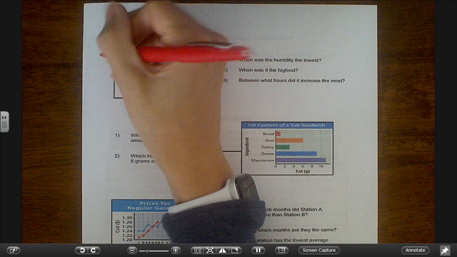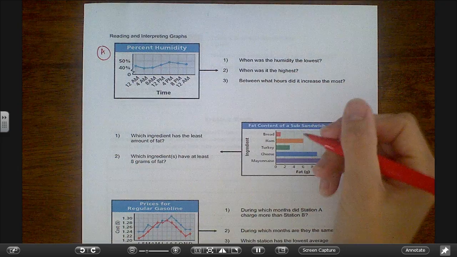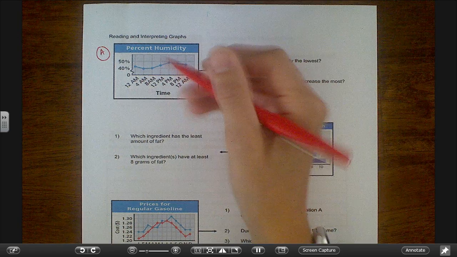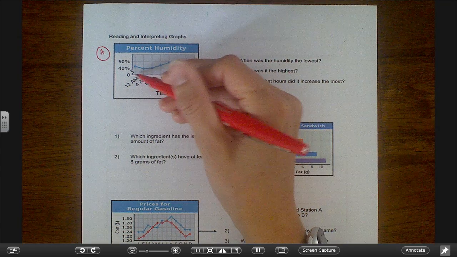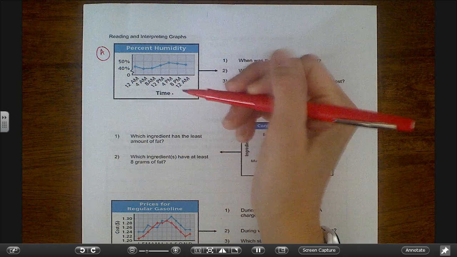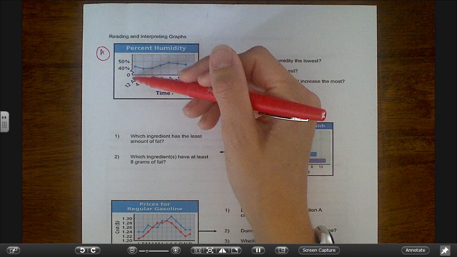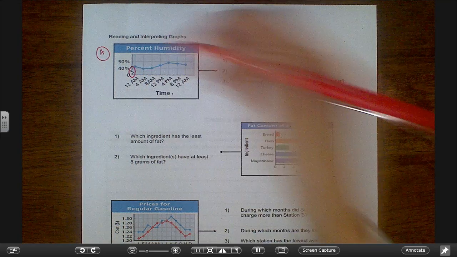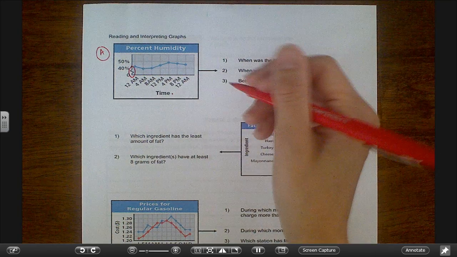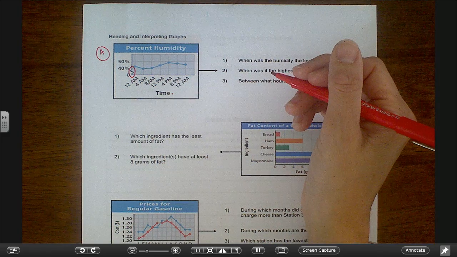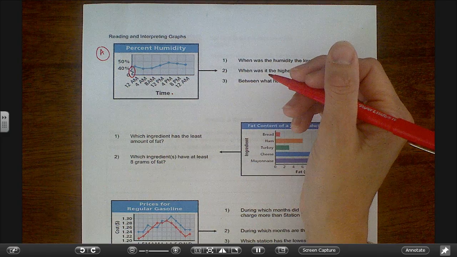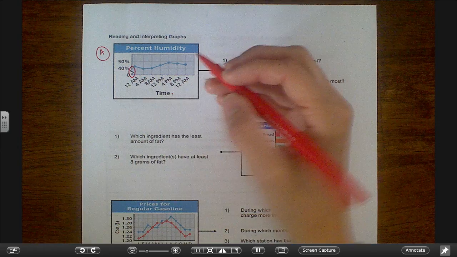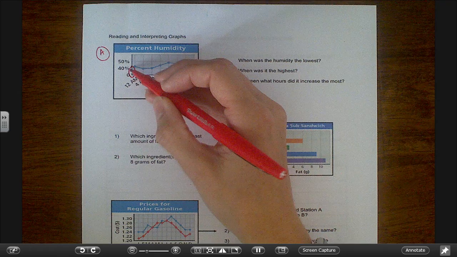So if you take a look at this graph right here that I'm labeling A, it is percent humidity. On the x-axis, we of course are looking at time. On the y-axis, we're looking at percent. Now, what I want to point out is this little break right here. Whenever you see a break like that on a graph, it recognizes that there's some space between data points.